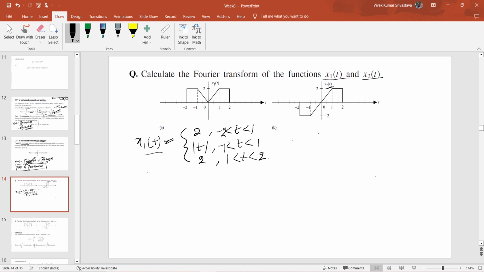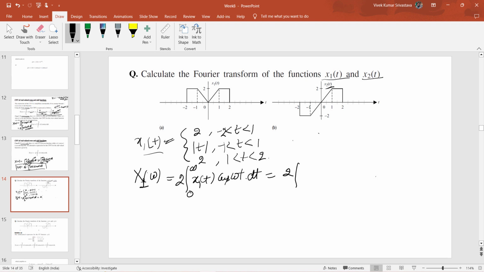Now we can evaluate the Fourier transform, X1(omega), let us say. This will be equal to twice the integral from 0 to infinity of x(t) cos(omega t) dt. Now we can put the value of x1(t) in this expression.